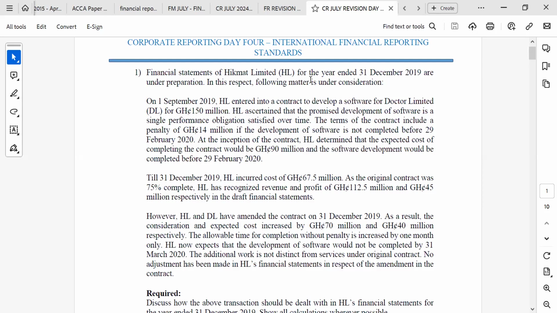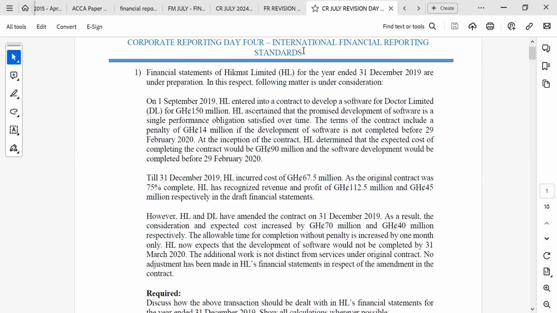However, HL and DL have amended the contract on 31st December 2019. As a result, the consideration and expected cost increased by 70 million Ghana cedis and 40 million Ghana cedis respectively. The allowable time for completion without penalty is increased by 1 month only.